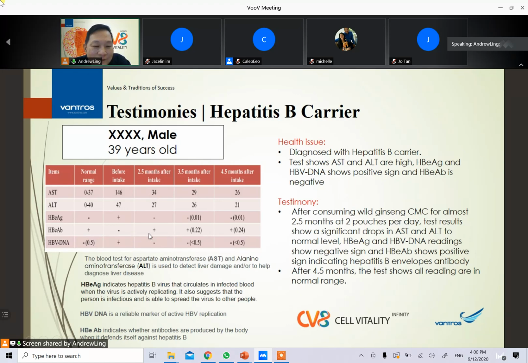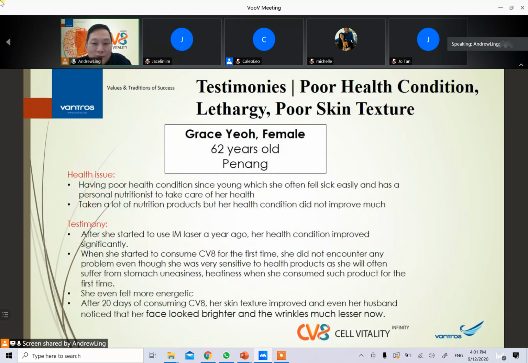HBsAb, previously negative, now becomes positive. And after 4.5 months of taking this CMC stem cell, the test result shows that all readings are in the normal range. This is just one of the examples that I'm showing you.